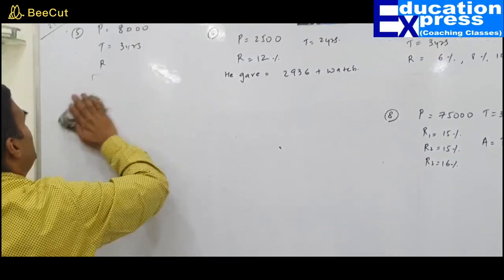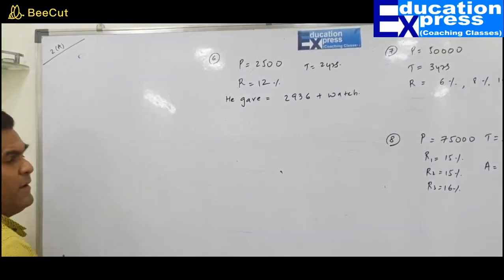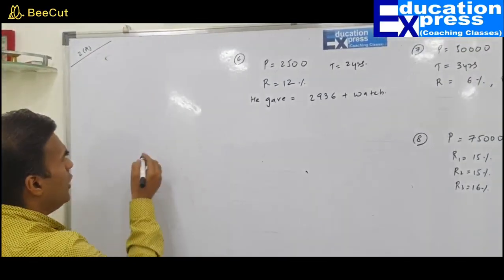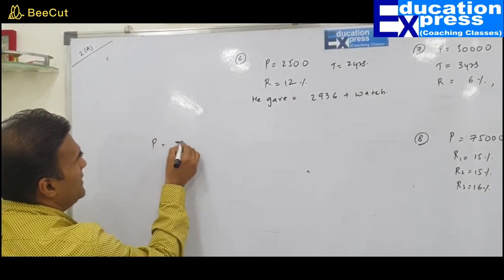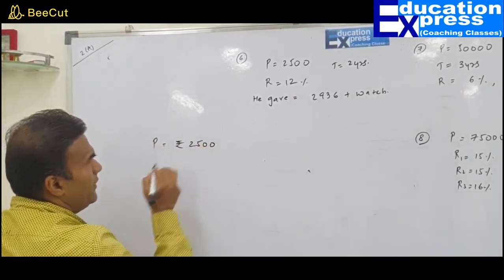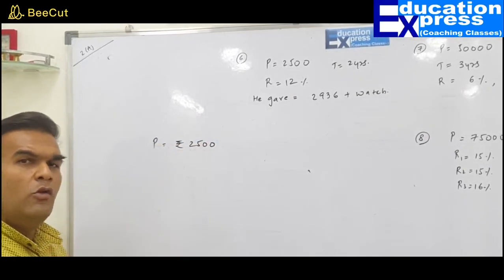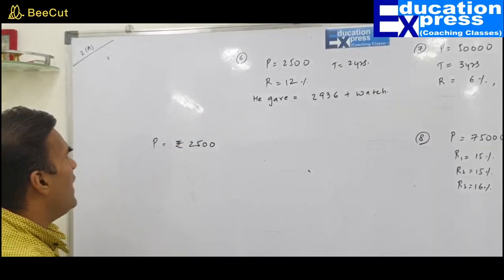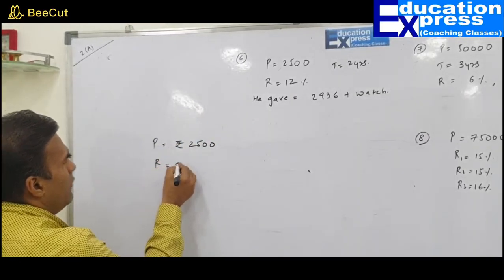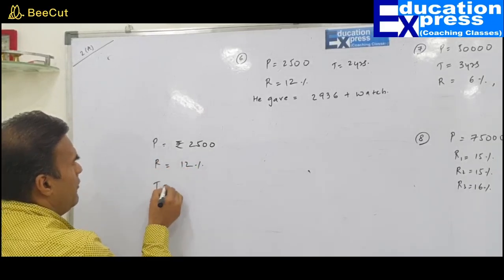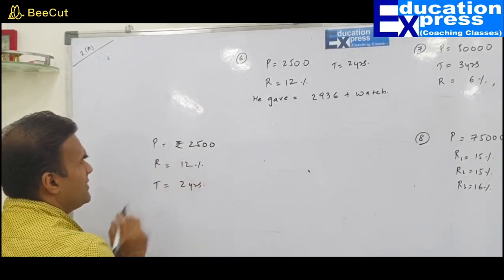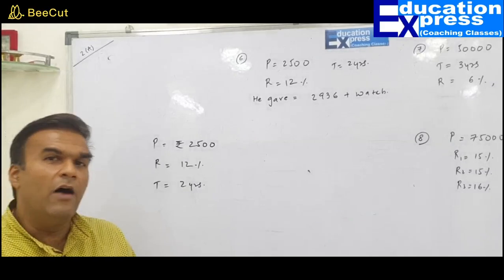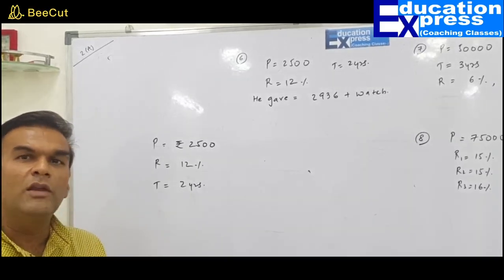Now listen to this question, what I have to say. Please pay attention. Assume that you took a loan from me for rupees 2,500 at the rate of 12% for 2 years. Can you tell me after 2 years how much you have to repay me?